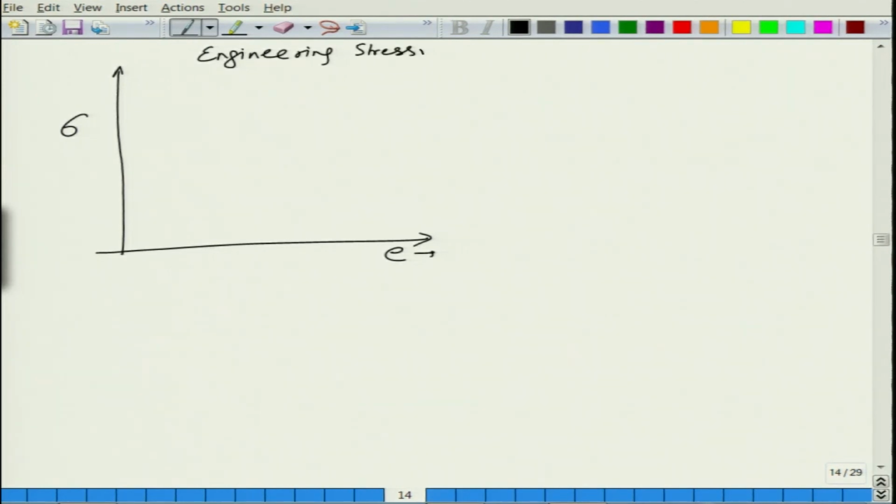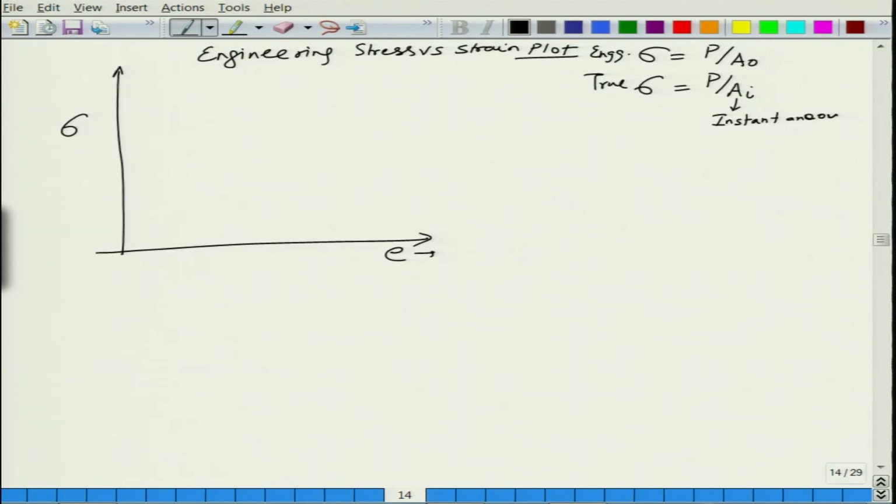We have seen what engineering strain is, and if you recall, engineering stress is P divided by A naught, and true stress is P divided by A i, where this is the instantaneous area. So, this is the difference. Generally for engineering purposes we use engineering strain.